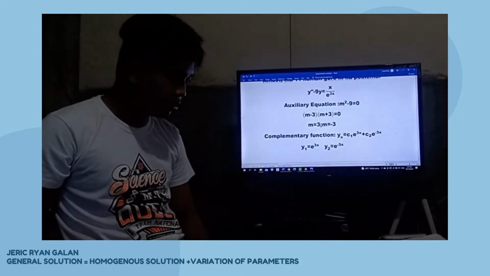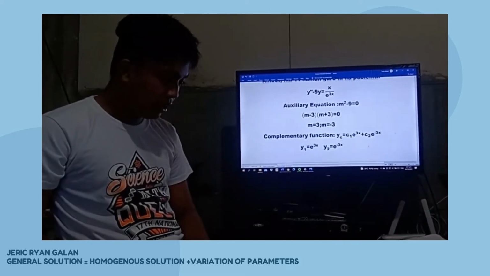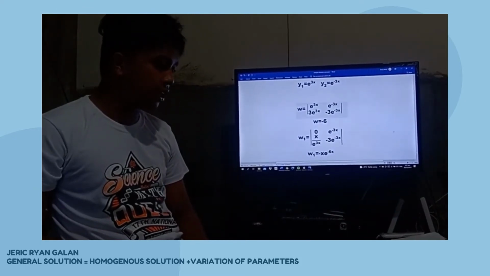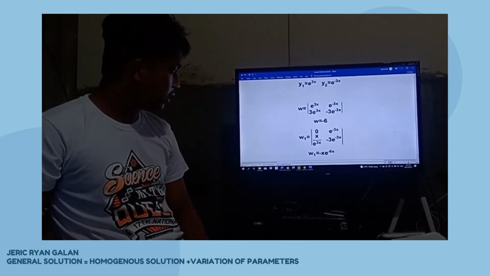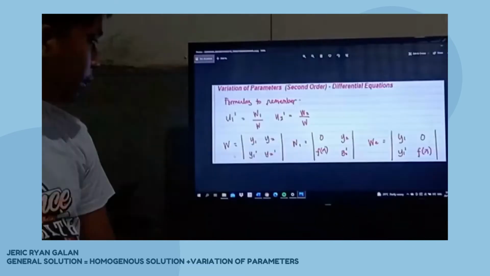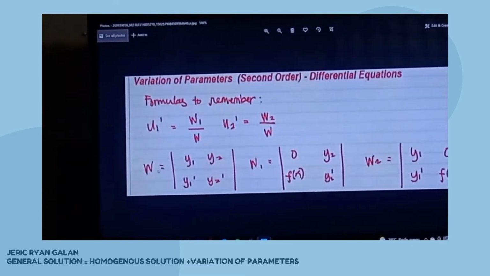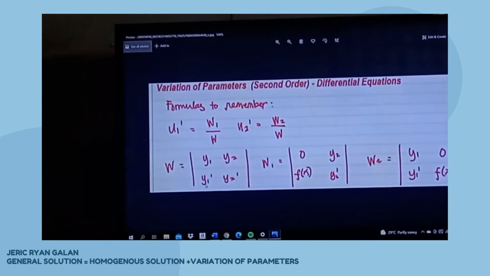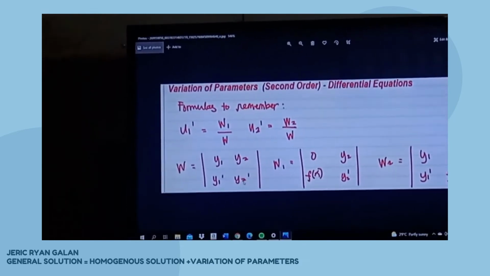Y sub 2 is equal to e raised to negative 3x. So now we go to our Wronskian. We saw it in our formula earlier: for the Wronskian, you substitute y1 and y2 and their derivatives.